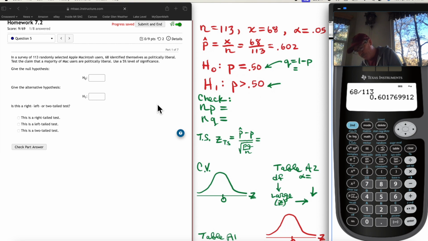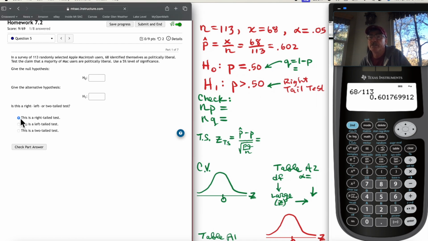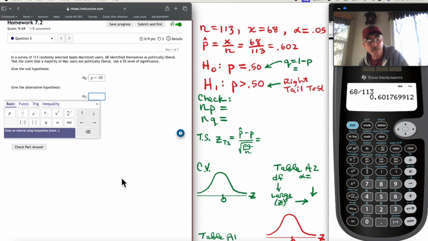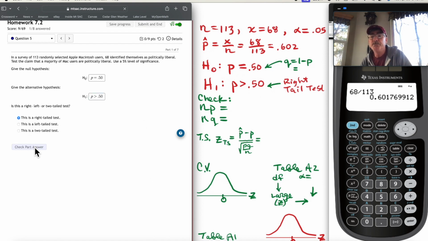So we'll make that note: right-tailed test. H0 says p is 0.50, and p for the alternative is greater than 0.50. So that should be okay.